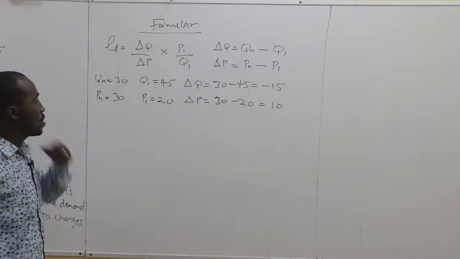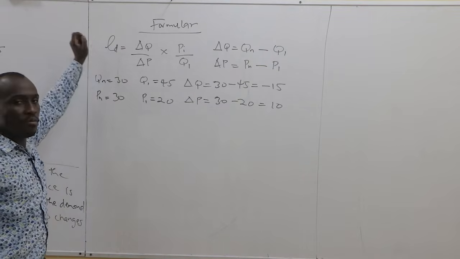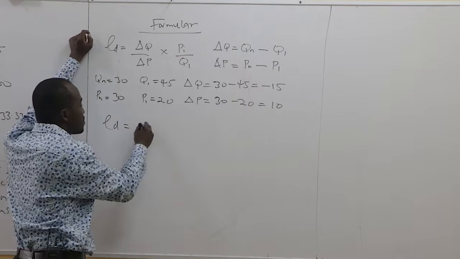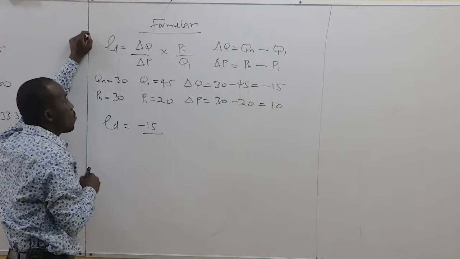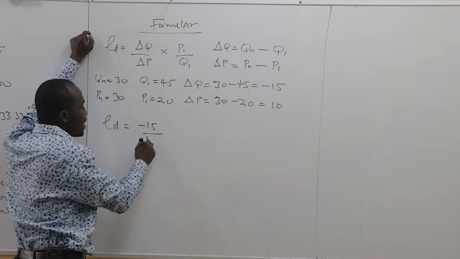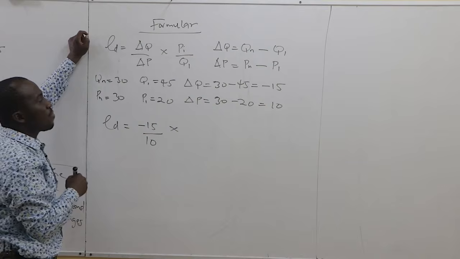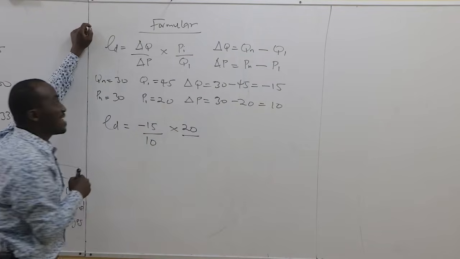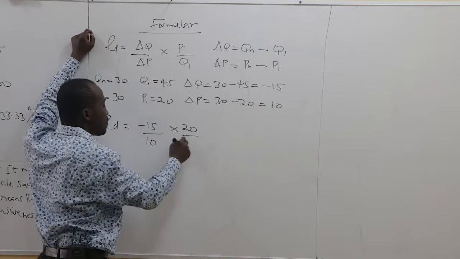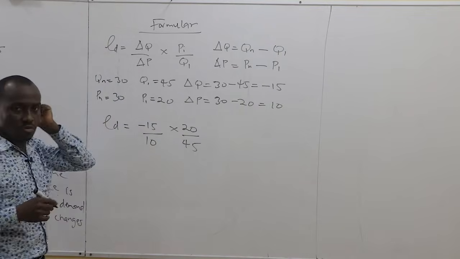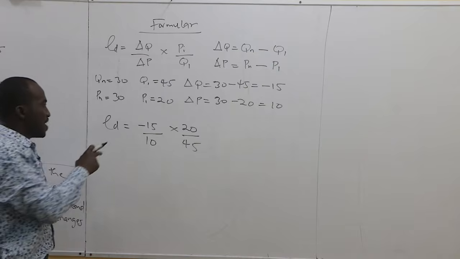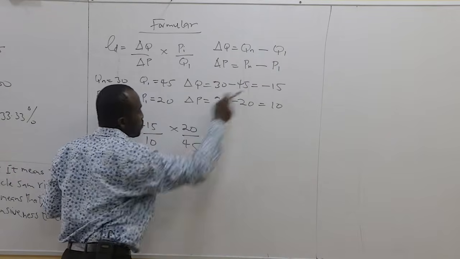So when you finish, you have to fix them back into the formula. The change in quantity is negative 15.